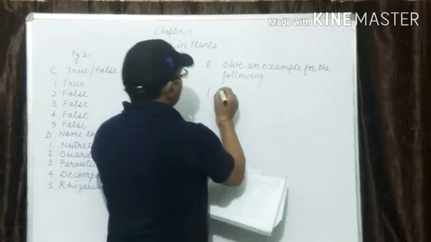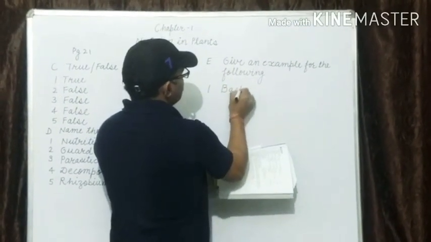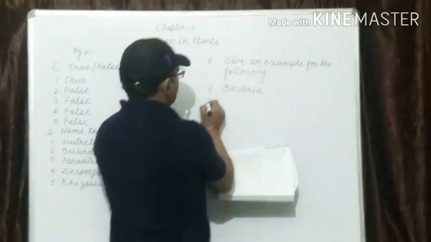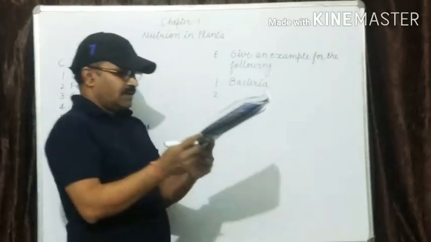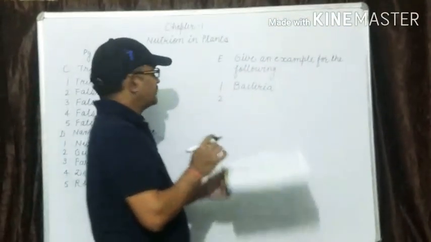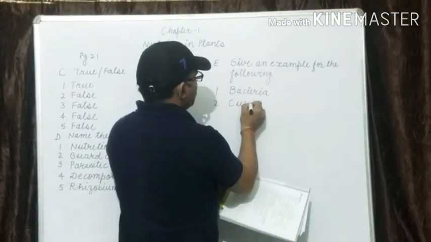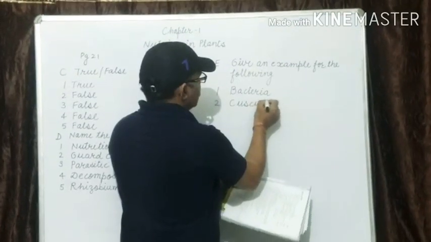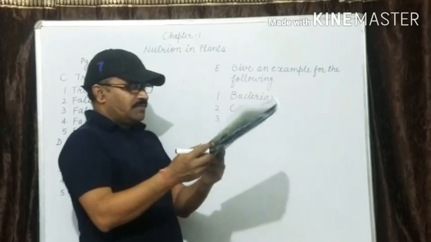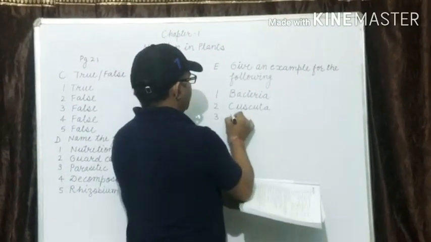Answer is bacteria. Second, a plant that has haustoria, that is known as cuscuta. Third, a partial parasite. Answer is mistletoe.